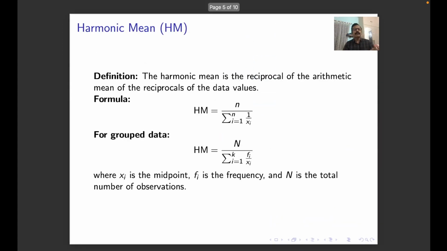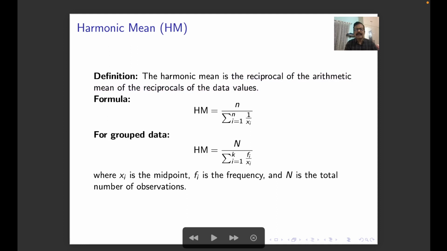Next, harmonic mean. What is harmonic mean? Harmonic mean is the reciprocal of the arithmetic mean of the reciprocals of the data values. So once we have x1, x2, etc., xn, you take the reciprocals 1 by x1, 1 by x2, etc., 1 by xn, take the sum and use this formula.